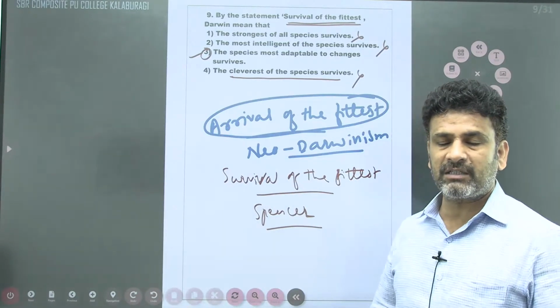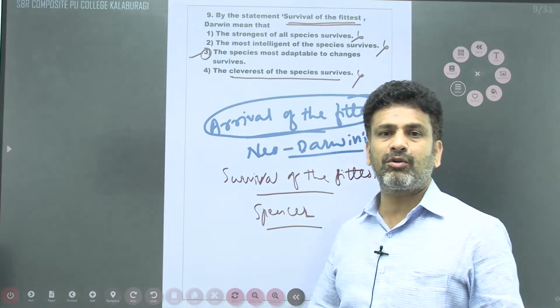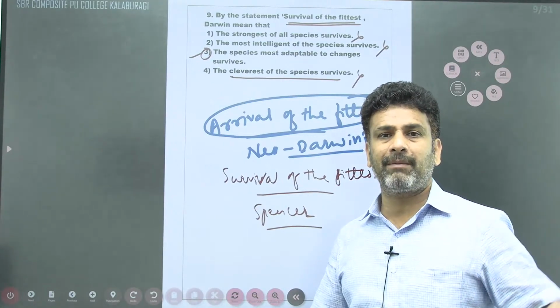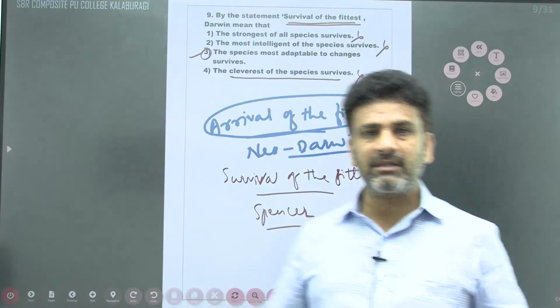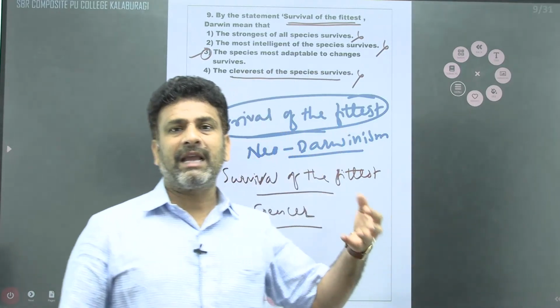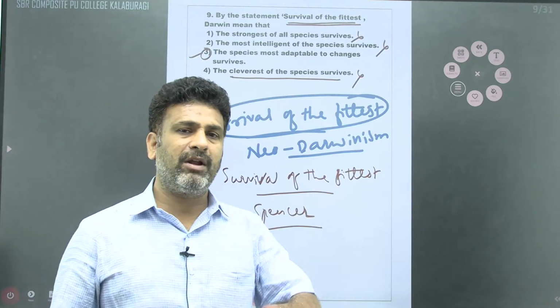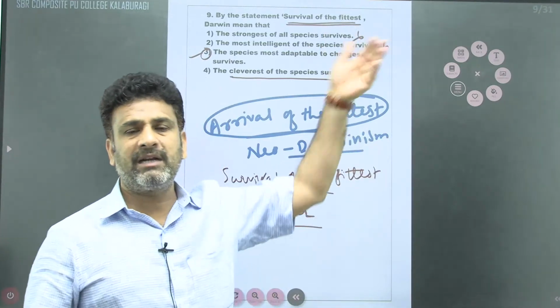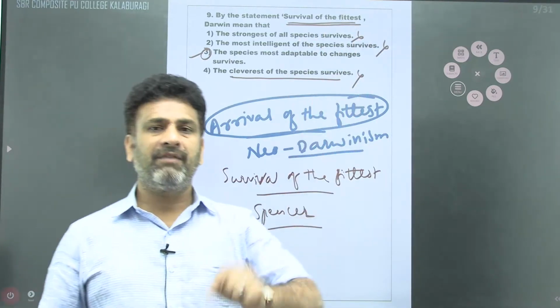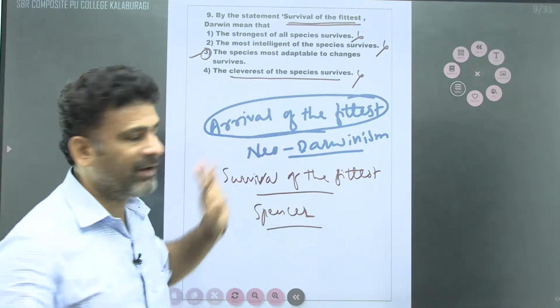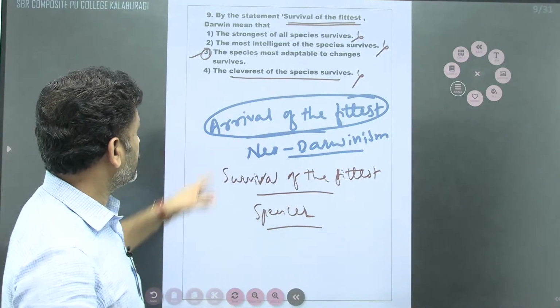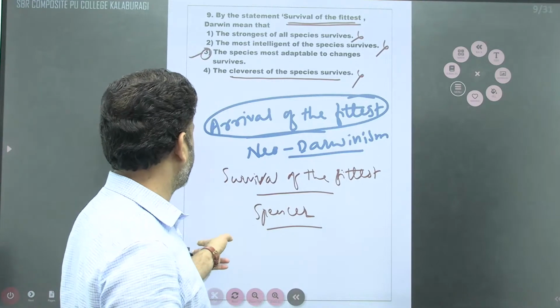Because of this character, individuals get adaptable capacity. Arrival of the fittest means the fittest character arises in an individual in the embryonic condition only, through their parents or ancestors in the form of genes. That is called arrival of the fittest. So that's why the third option is correct.